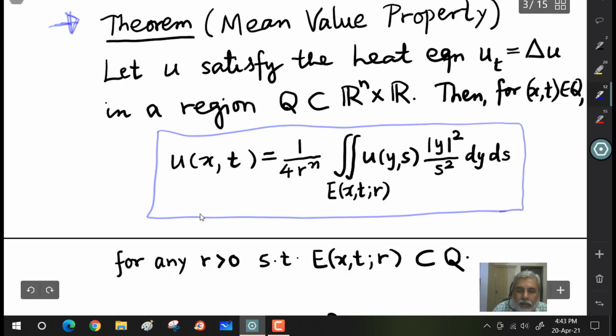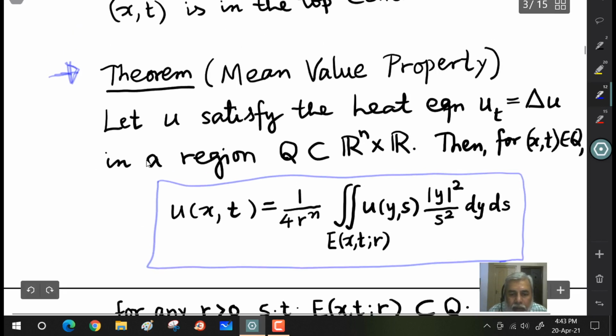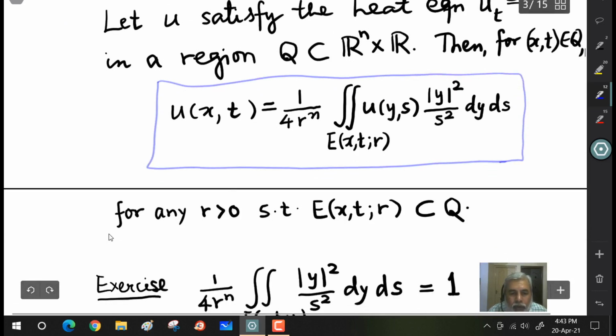And why is it called a mean value theorem or mean value property, and where are we taking the average? We'll discuss all those things. Then you will understand why it is called the mean value property. This is true for any r positive such that this heat ball is contained in this given region Q.